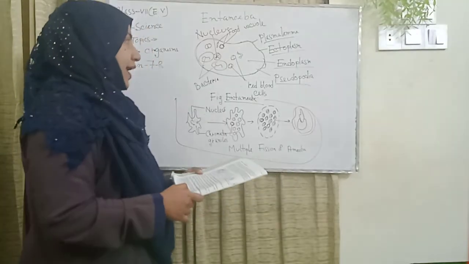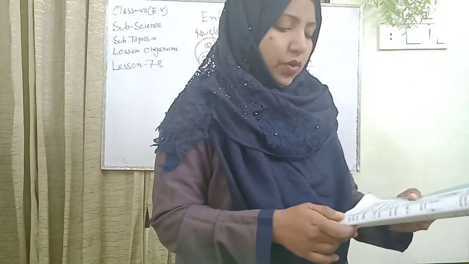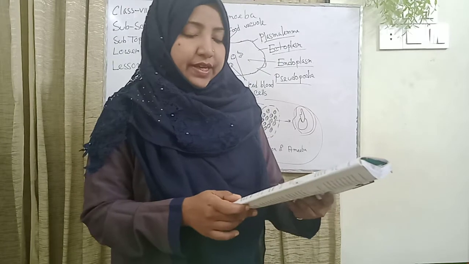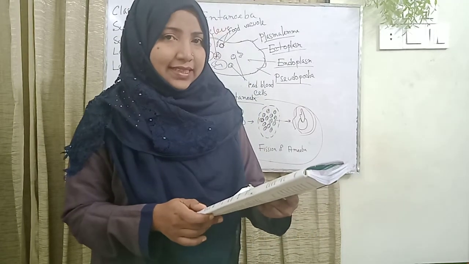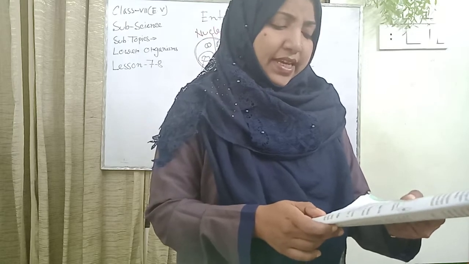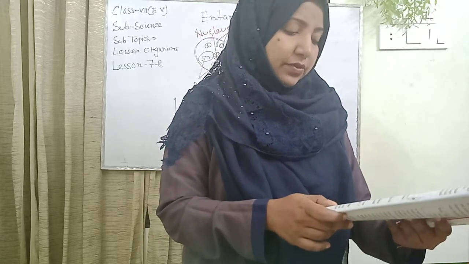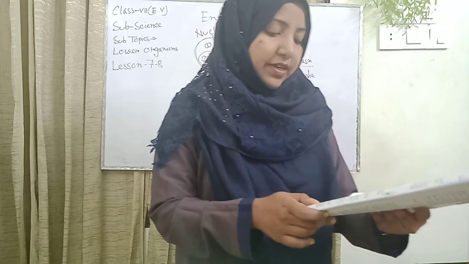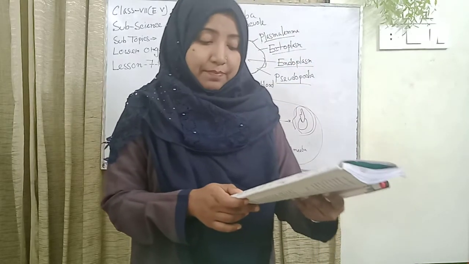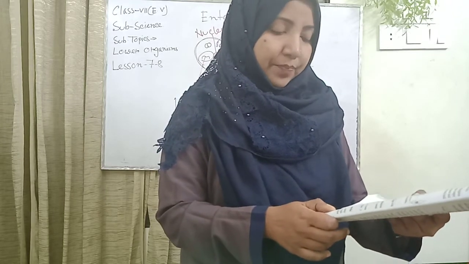Now, our next topic is lesson 8, role of microbes in creating health hazards. Here are the health hazards. First, bacteria may get entrance in different ways. Dirty hands may act as suitable carriers of germs. Bacteria can enter into the mouth through dirty hands.